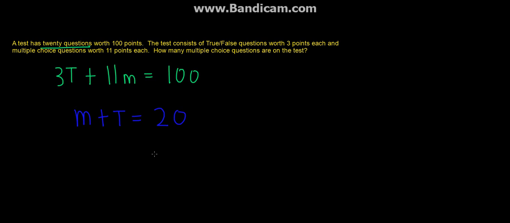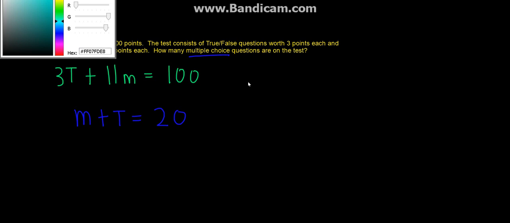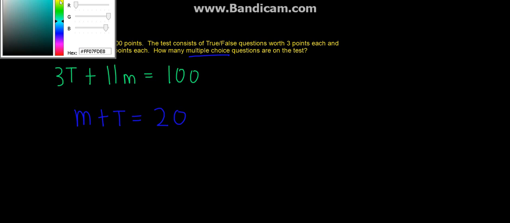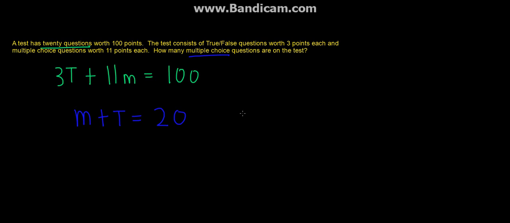We want to find how many multiple choice questions there are, so we're trying to solve for m. And since this lesson is all about substitution, we're going to use substitution to solve for m. By playing with this equation, we can get that t equals 20 minus m.